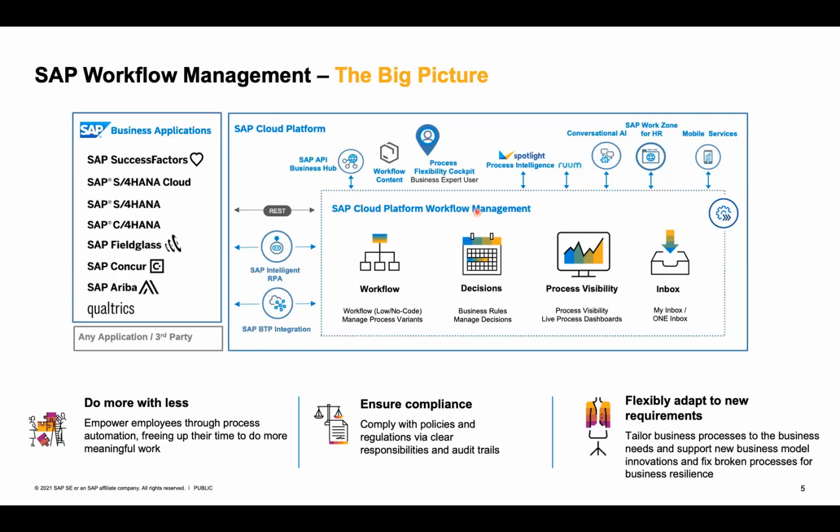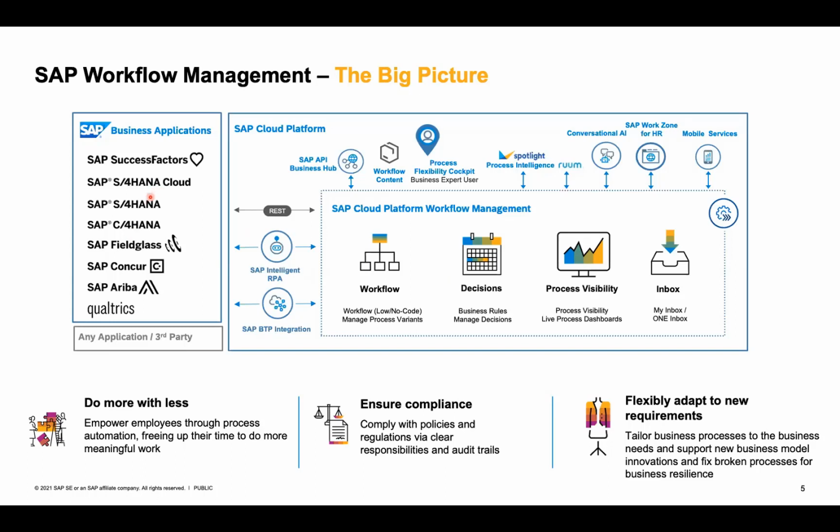So when we use SAP Workflow Management, we have these services, and they can be integrated with many other SAP services, whether them being inside of the Business Technology Platform, so that's this large area here on the right, or whether those applications or services are outside of the Business Technology Platform, like cloud offerings or on-premise offerings of SAP.